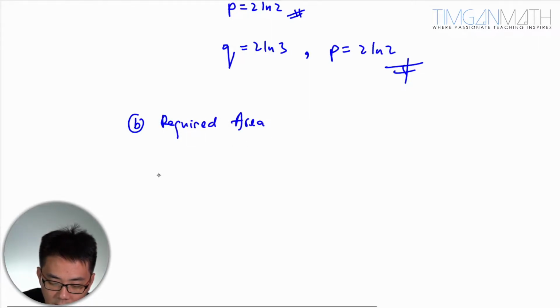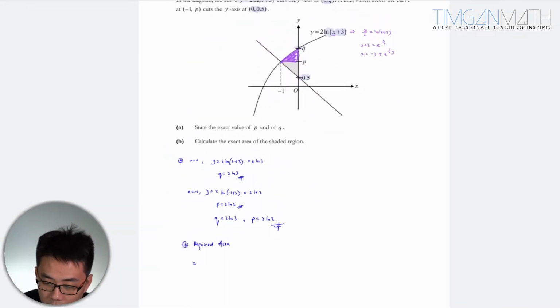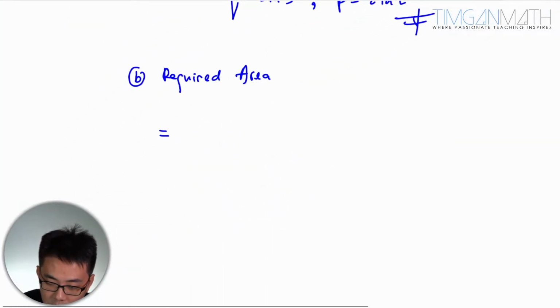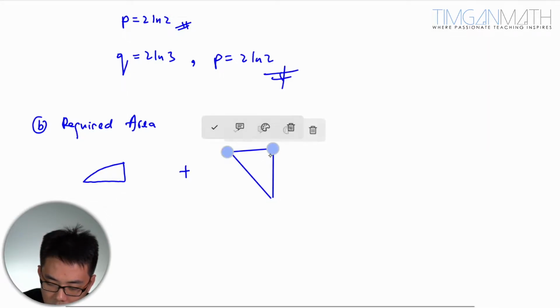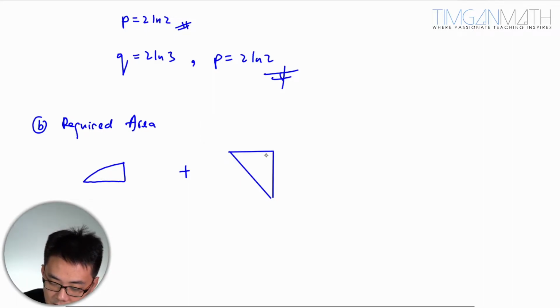Okay, we have got this area here, so we're going to start with this area, plus the triangle below. The triangle below will look something like that. I project to the y-axis there.